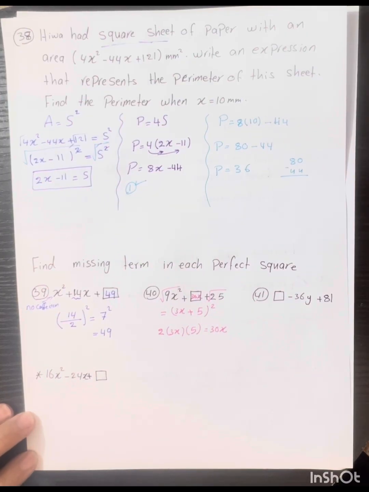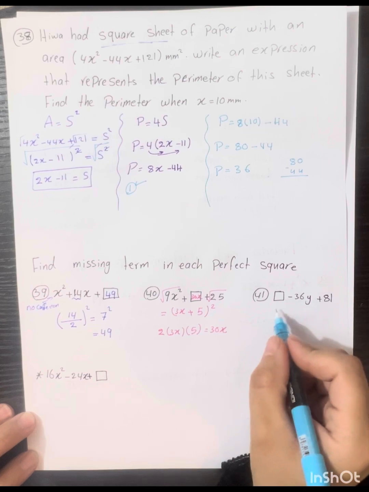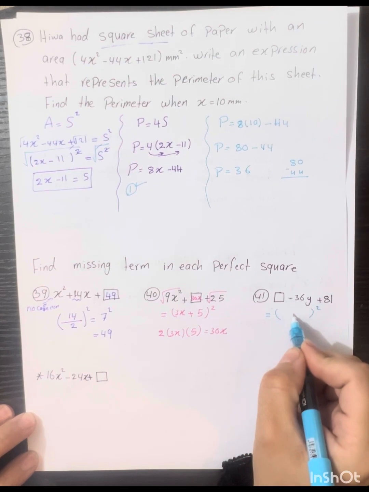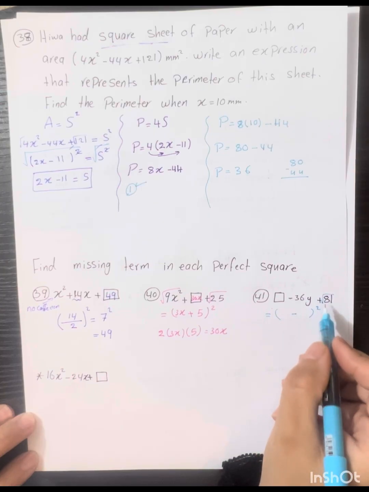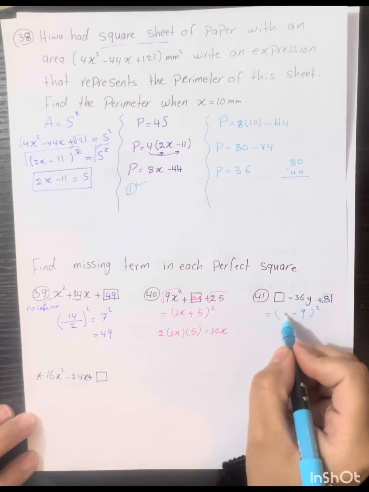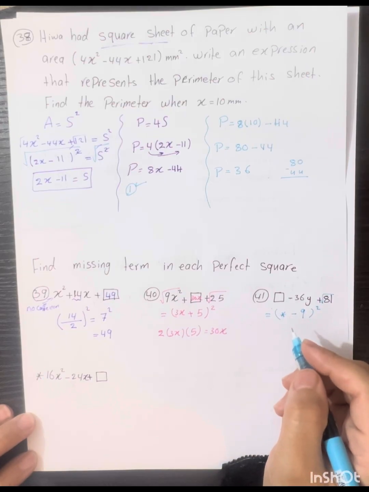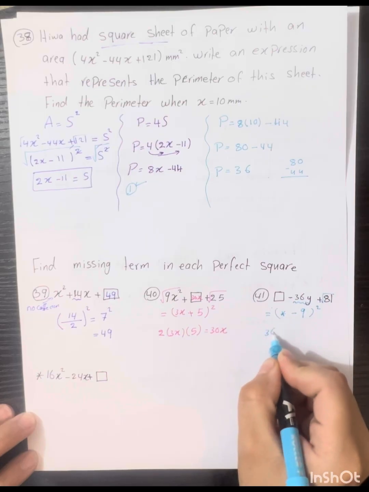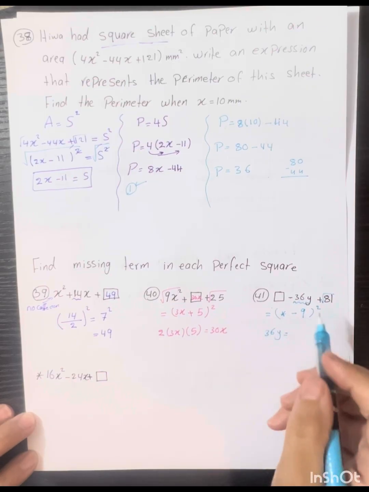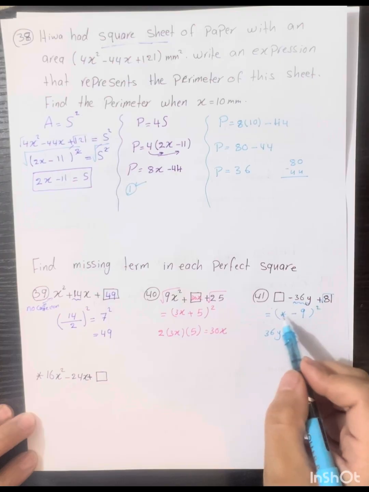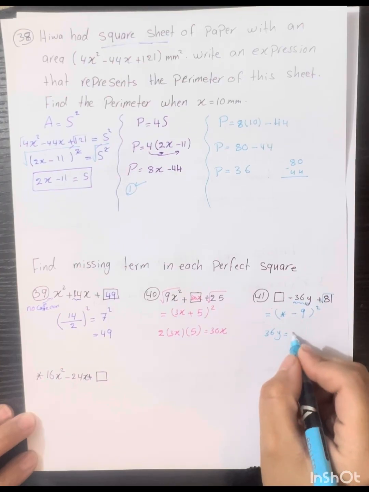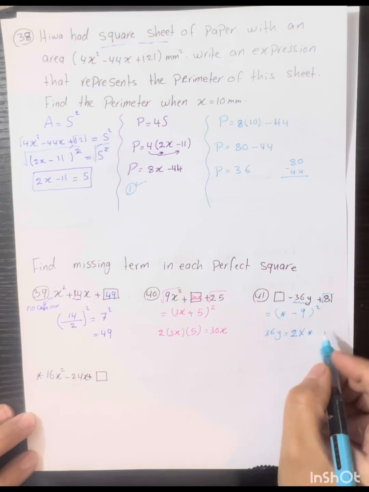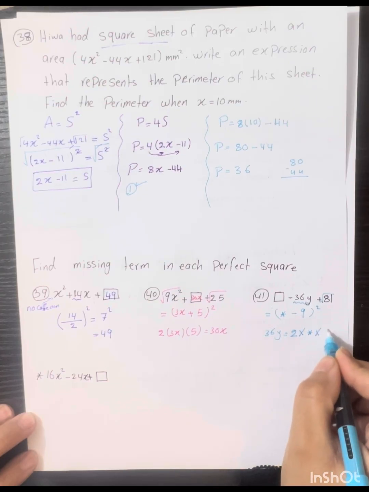If the first term is missing, again, I will change it to a binomial. Middle sign is negative. Square root for this term is 9, but this is the missing term. So I will use this middle term, 36y. The middle term contains 2 times first term times second term. It will be 2 times the first term, which is missing, times 9.